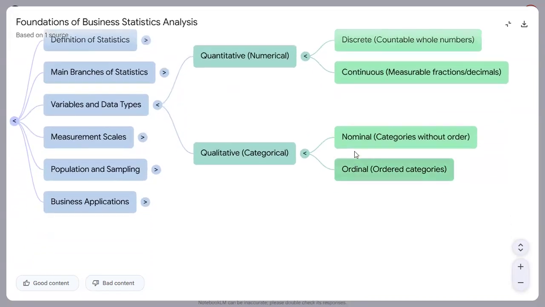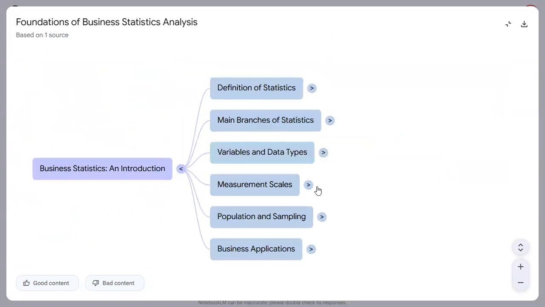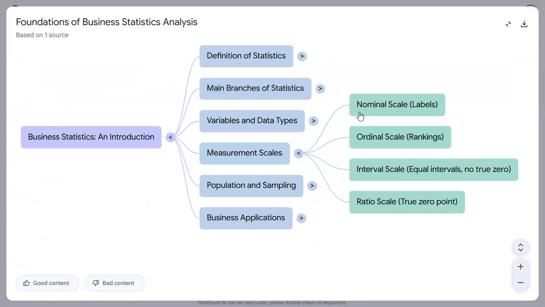In the categorical data, we may use nominal data, categories without order, and ordinal data, ordered categories. And the measurement scales: nominal scale, ordinal scale, interval scale, and ratio scale.